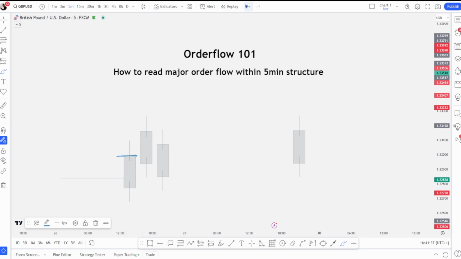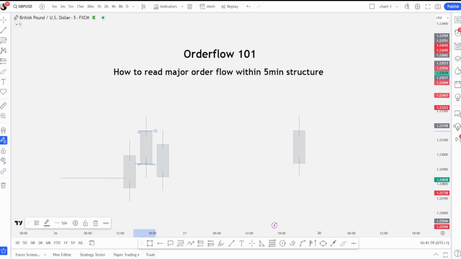It means you need to see an open above and a close above. So a full candle needs to be above. Now, we're only worried about the body. The wicks do not count. So only a full body close will be classed as a break of structure.